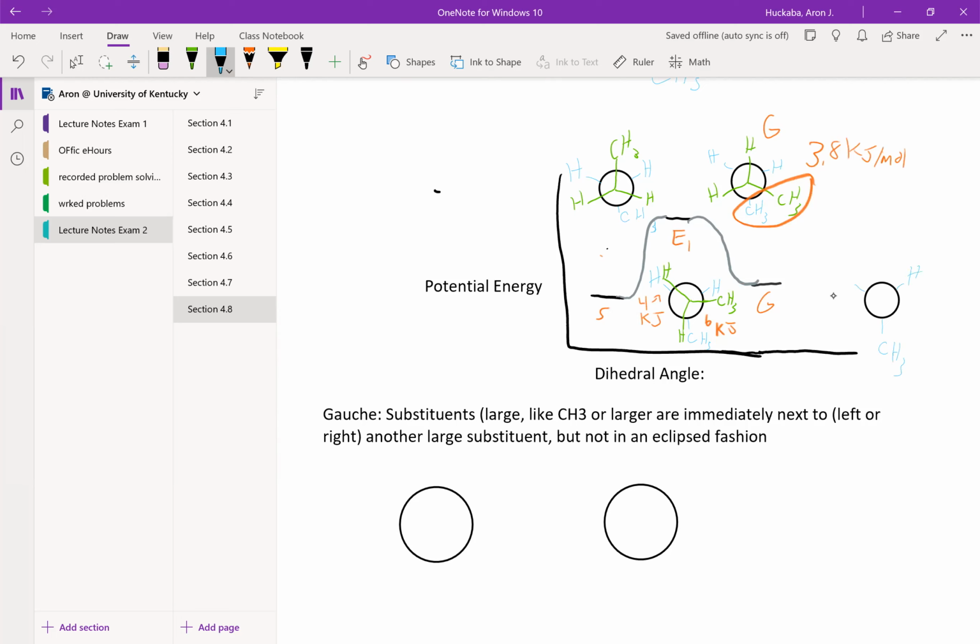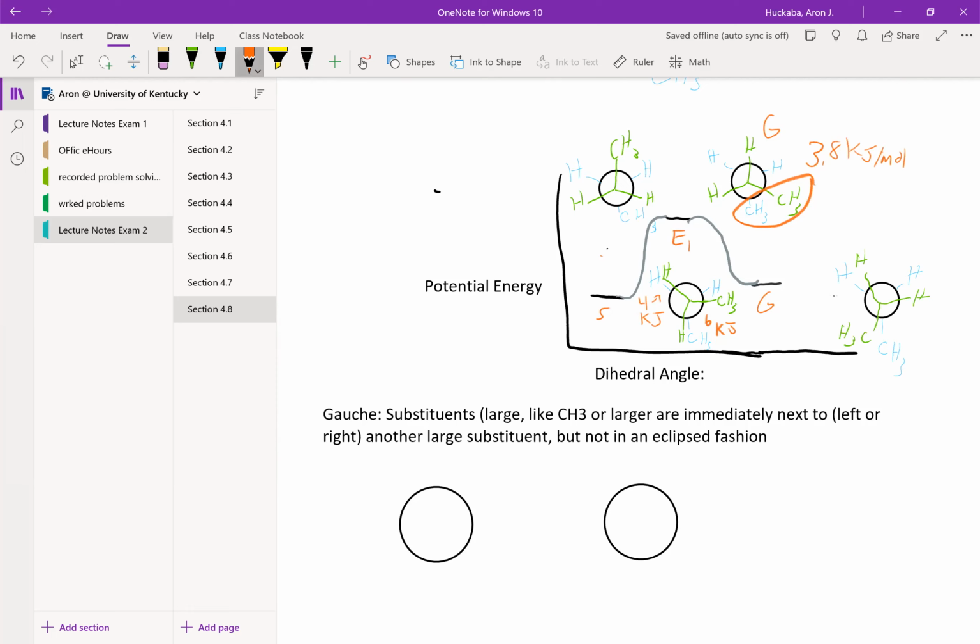Here's the back again. And here's the front once more. There we are. So now we have one eclipsed CH3-CH3 interaction and two eclipsed hydrogen-hydrogen interactions.